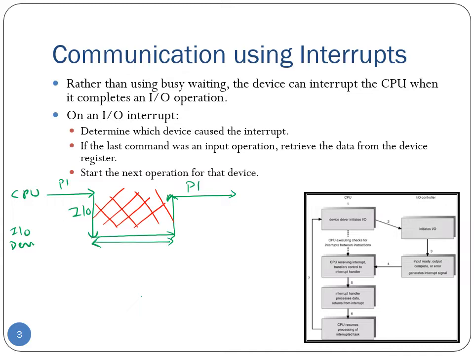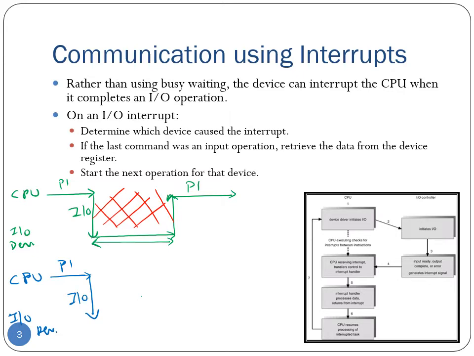A better and more efficient way of performing this IO operation would perhaps be something like this. Let's say this is our CPU, it is executing process P1, and here is our IO device. Let's say at this point the process makes an IO request.